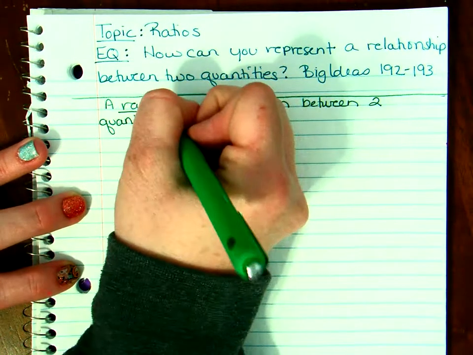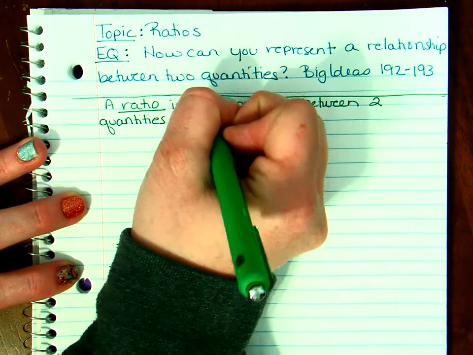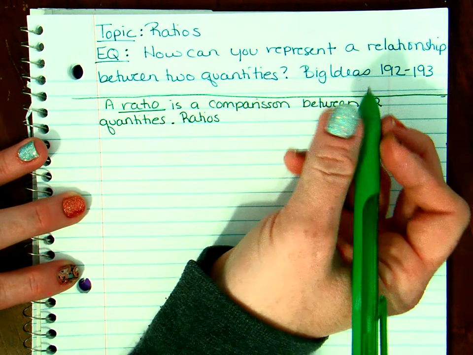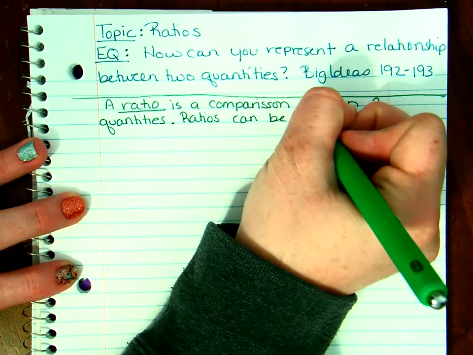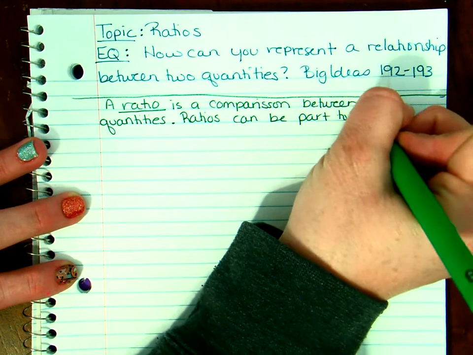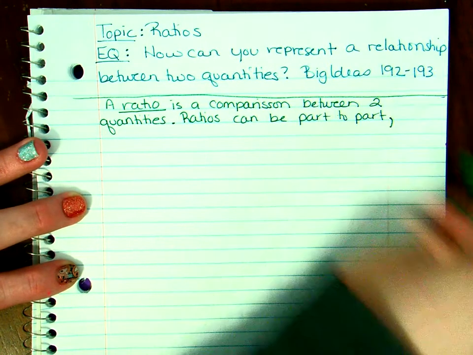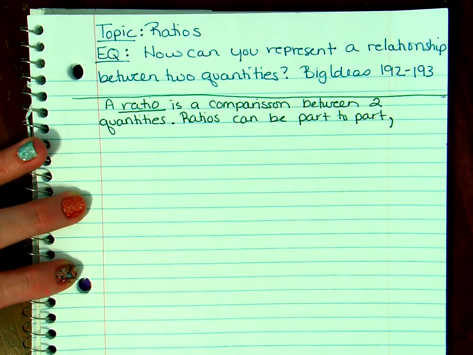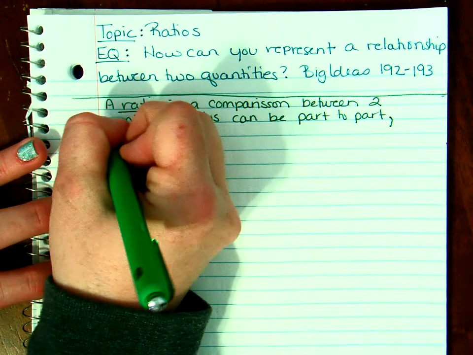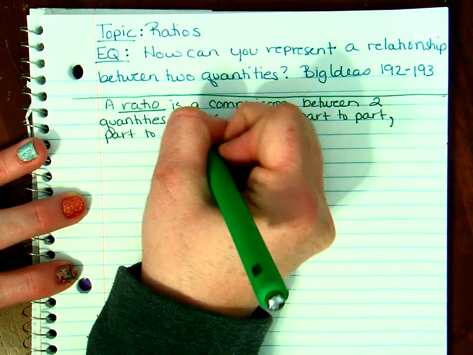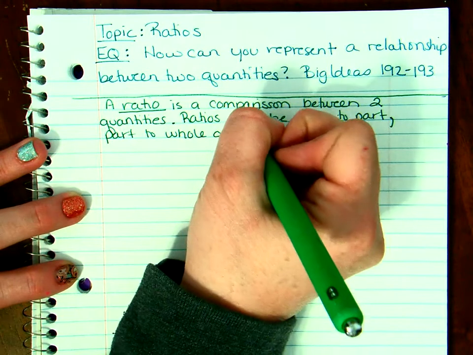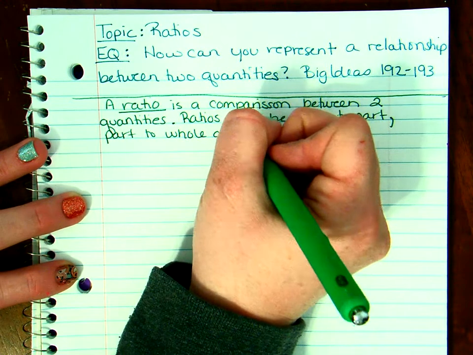And ratios can be written part to part, part to whole, or whole to part comparison.